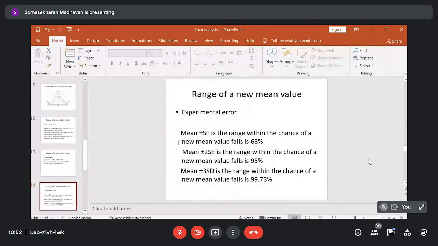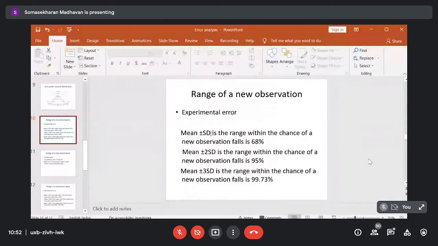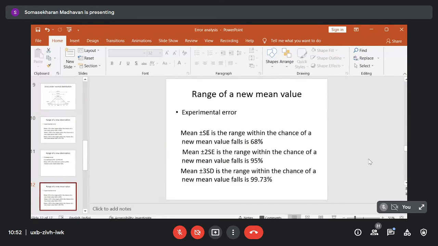So in the previous case, we mentioned the chance of getting a single new observation. So standard deviation is a scattering measure of the observed values. It is something about the observation. But standard error is a measure of the estimate. It is a scattering measure of the estimate.